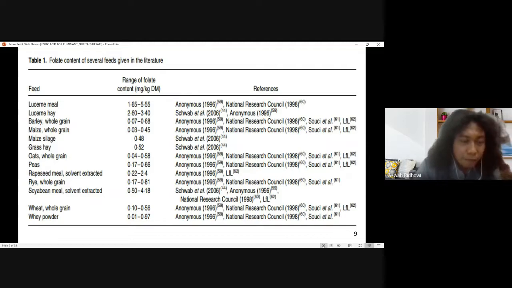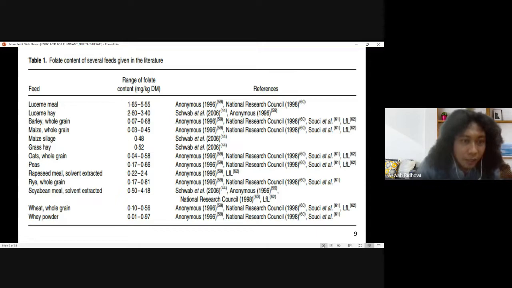And in the conclusion we say that the effectiveness of the folate will be more beneficial if we provide it in the form of the concentrate or grain.